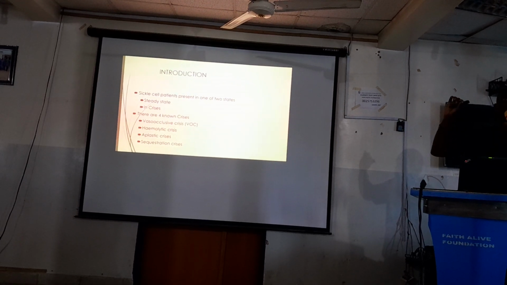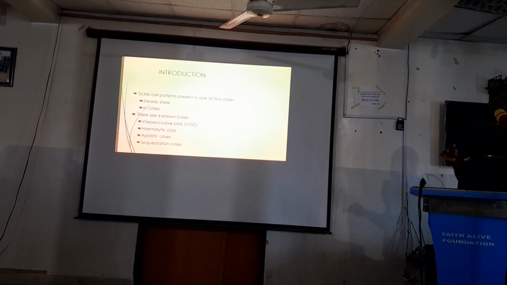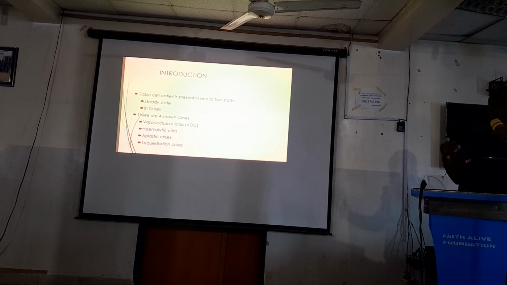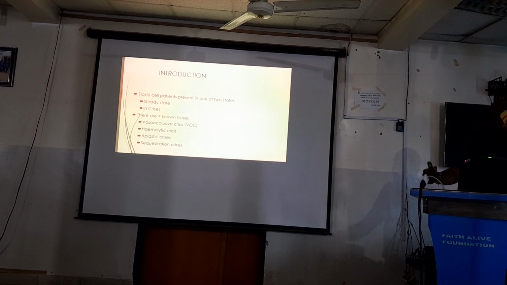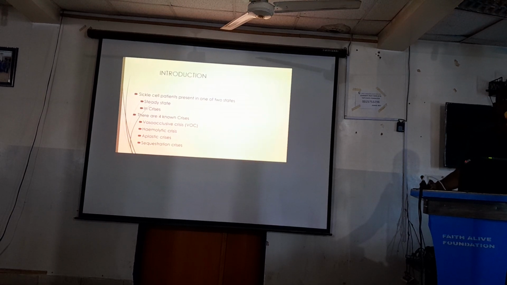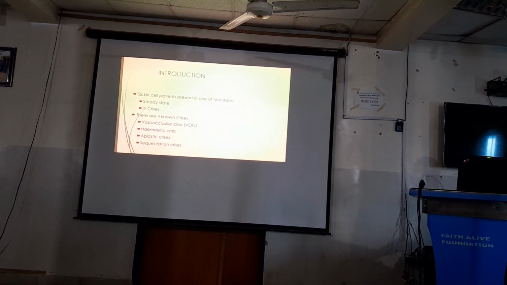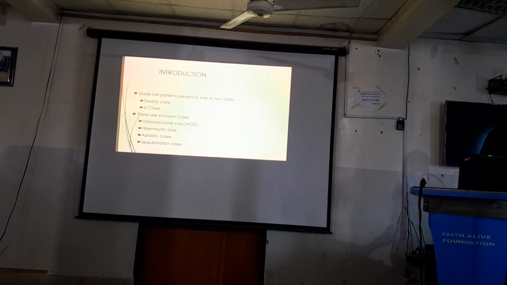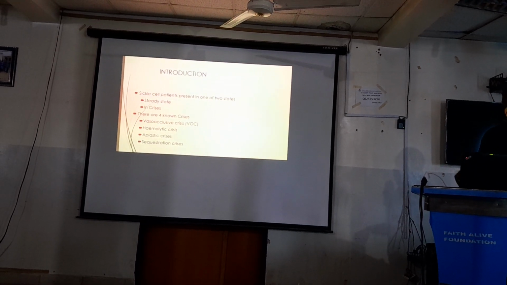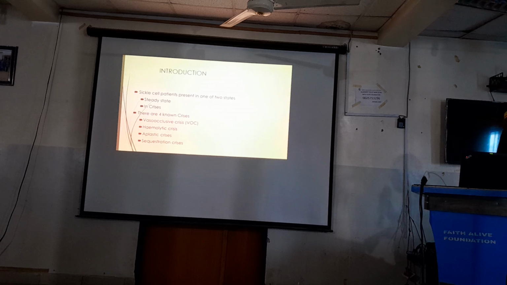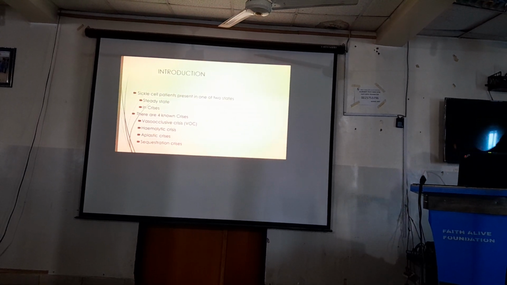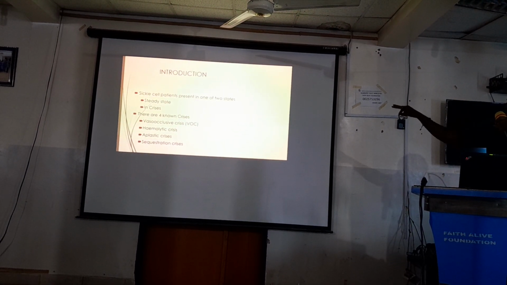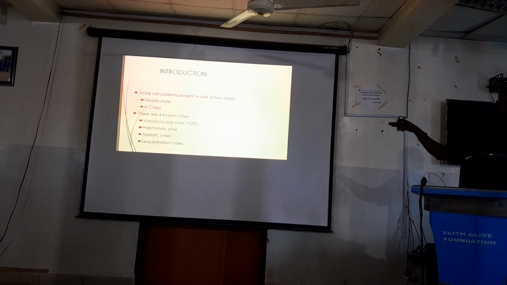They can present with a combination of two or even three at the same time. Someone can be in vaso-occlusive crisis and hemolytic crisis at the same time. In fact, that's a very common presentation. You see them in VOC and also deeply jaundiced. So that's a combination of vaso-occlusive and then hemolytic crisis. They can present in vaso-occlusive crisis and sequestration crisis.